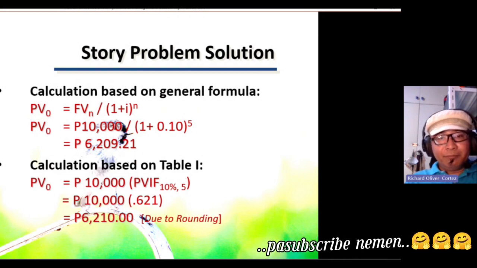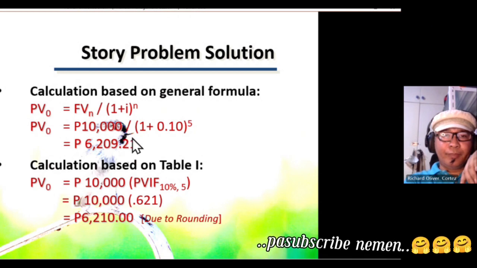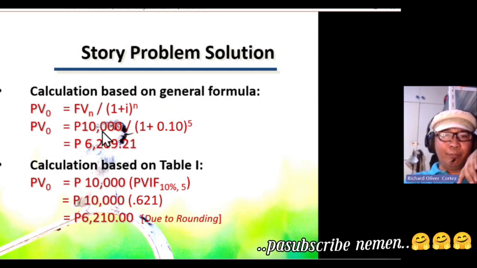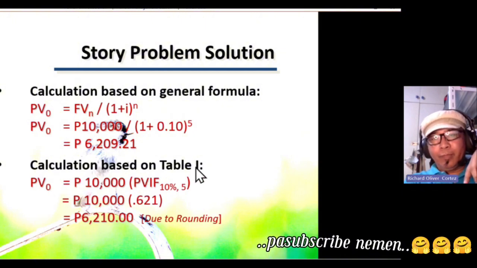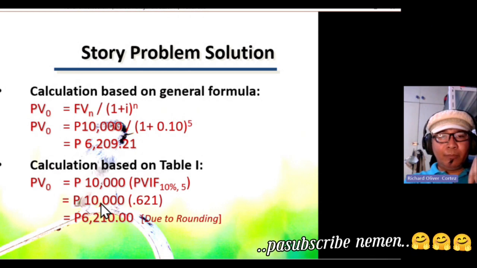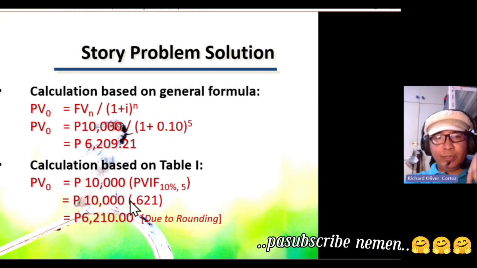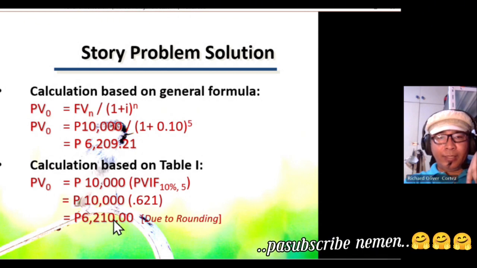So, mas mabilis, no? Comparing that with the manual formula, 10,000 divided by 1.10, but using the table number 2, that should be table number 2, not table number 1. But using table number 2, you just multiply 10,000 by 0.621 and you will get 6,210. Yan.